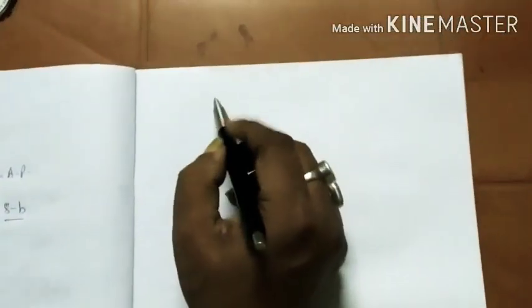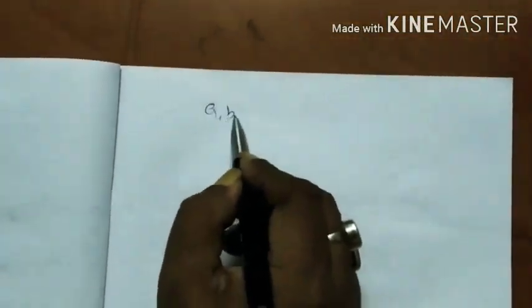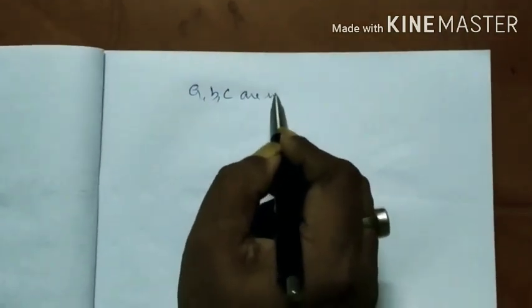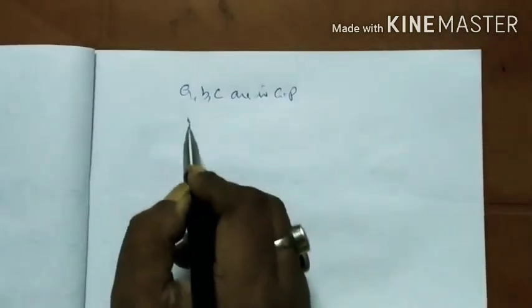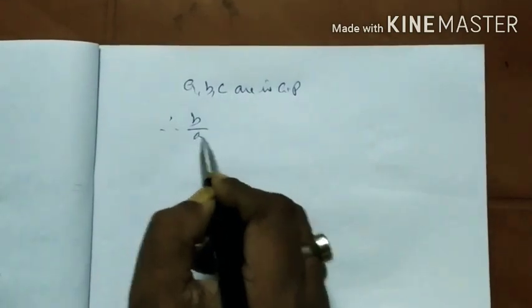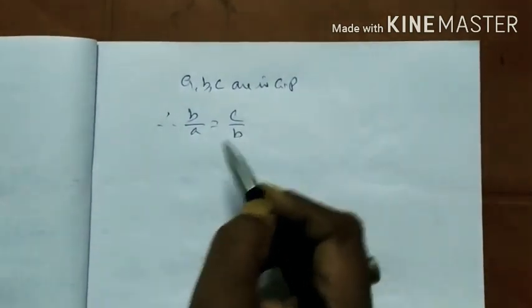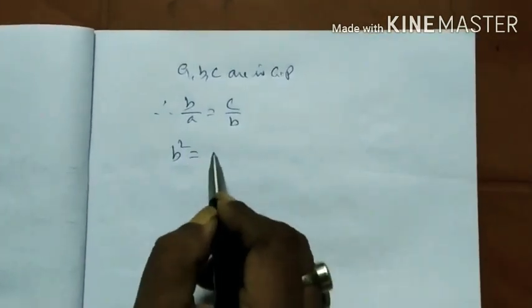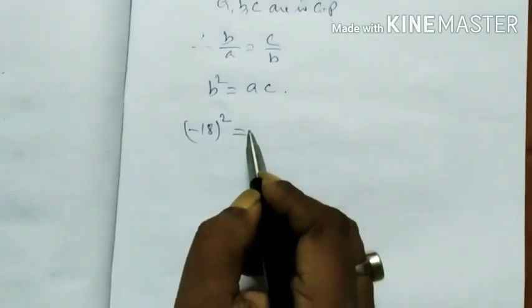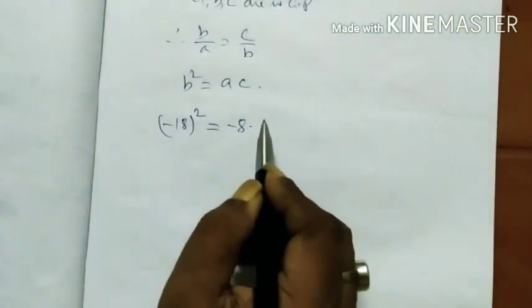Now I have to find out the value of c, as a, b, c are in GP. Therefore b by a is equal to c by b. Now b square is equal to ac. Your b is minus 18, the whole square. Your a is minus 8 into c.